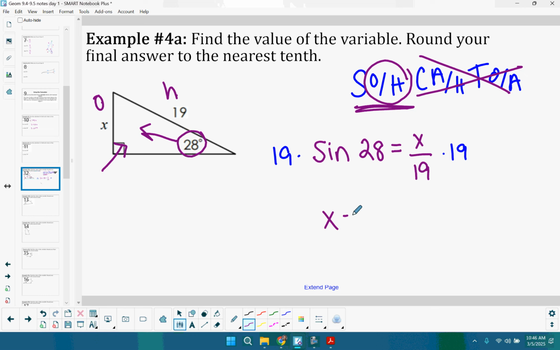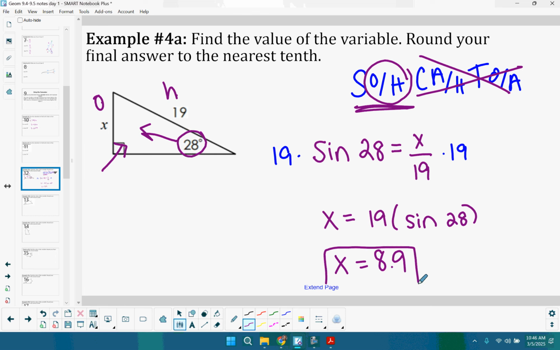Essentially, x will be equal to 19 times whatever the sine of 28 is. I can type this into my calculator using 19 times sine 28, and whatever I get as my answer is it. It's done. So that's going to be 8.919, 8.9. And that's the answer to my question.